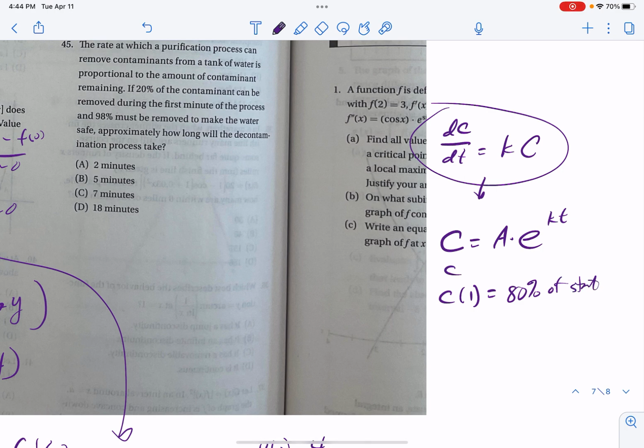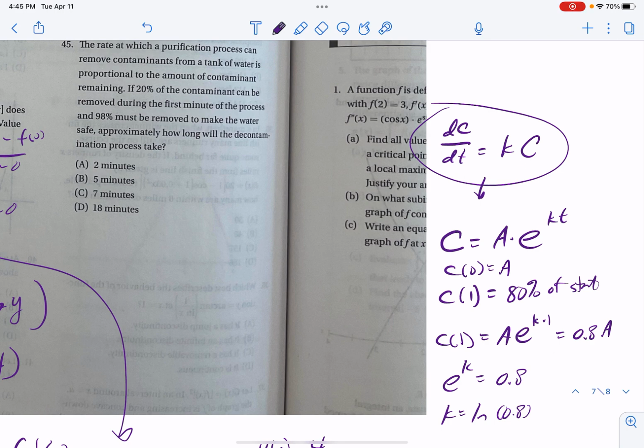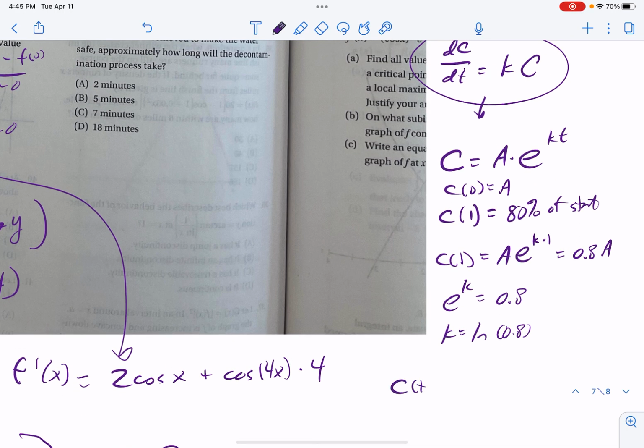And the starting value is A. So C of 1 on the one hand looks like this, and on the other hand, that's 80% of A. So we would have e to the k is 0.8, and k is the natural log of 0.8. So our formula looks like A, which is our starting amount, times e to the natural log of 0.8 times t.